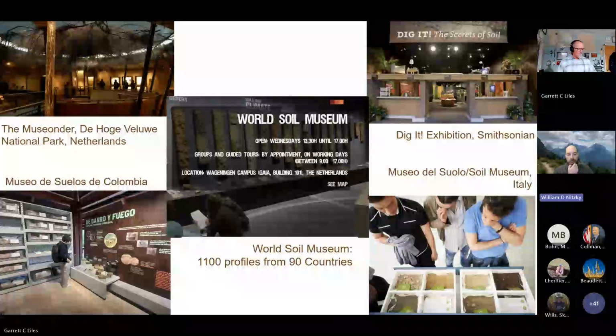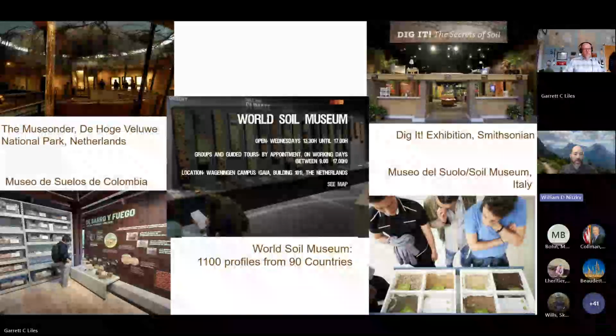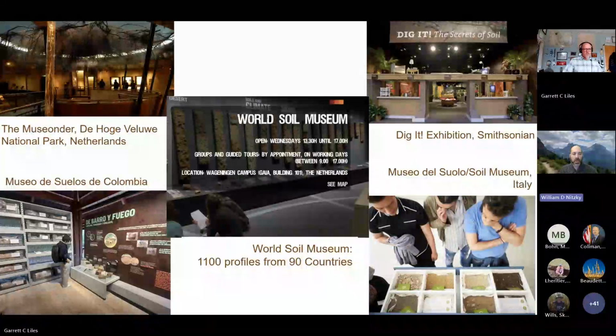Some of you may be familiar with the fact that there are archives and museums around the world that focus on soil, and they contribute directly to increasing public awareness of the importance of soil. While there are many, some of them, as you can see here on the screen, are from the Netherlands as well as Colombia.